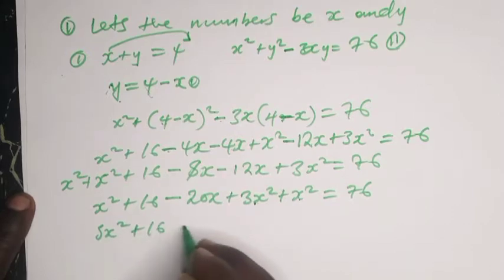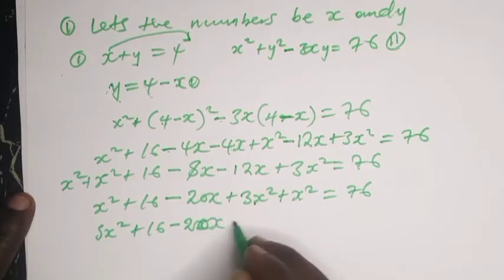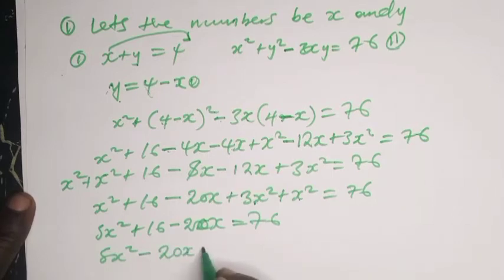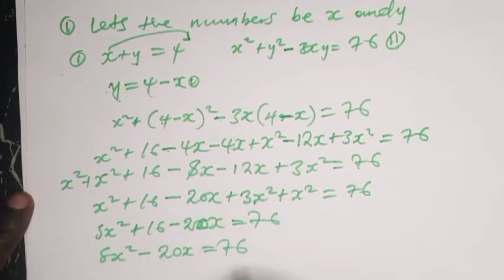plus 16 minus 20x equals 76. Then 5x squared minus 20x equals 76. When 16 crosses the equal sign, it will be minus 16.